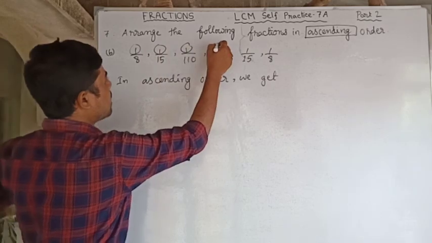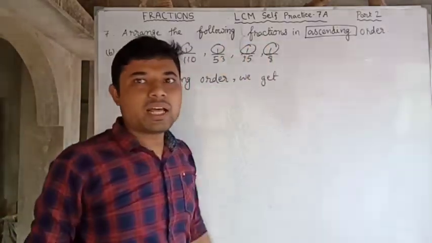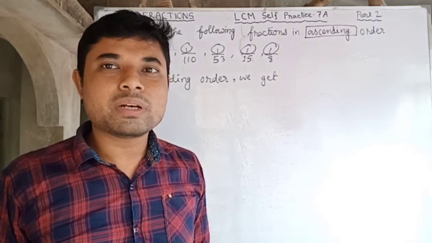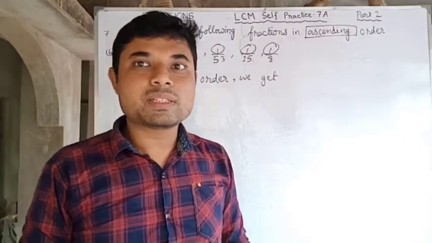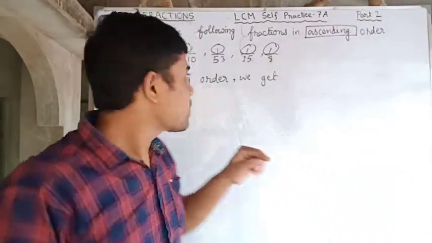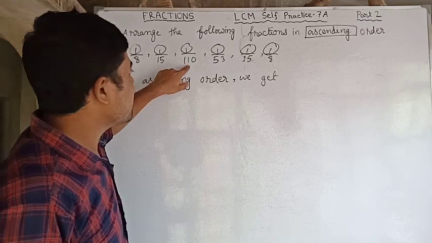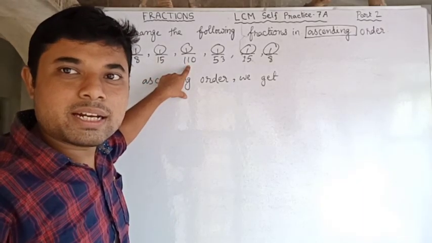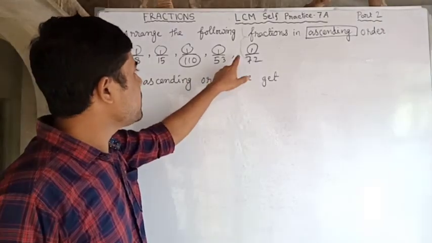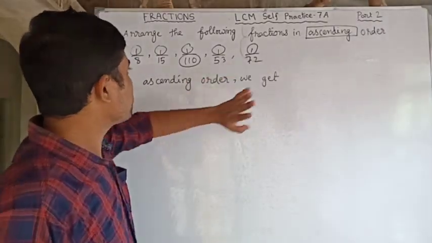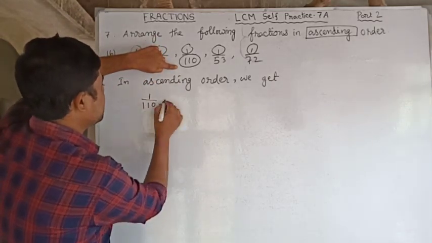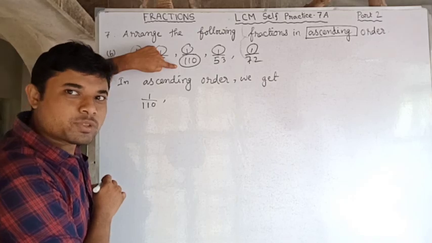All the numerators are 1. From the previous question and the chart we have learned that if the numerator is the same, the larger denominator gives the smaller fraction. So first, which is the largest? This will be the smallest fraction.